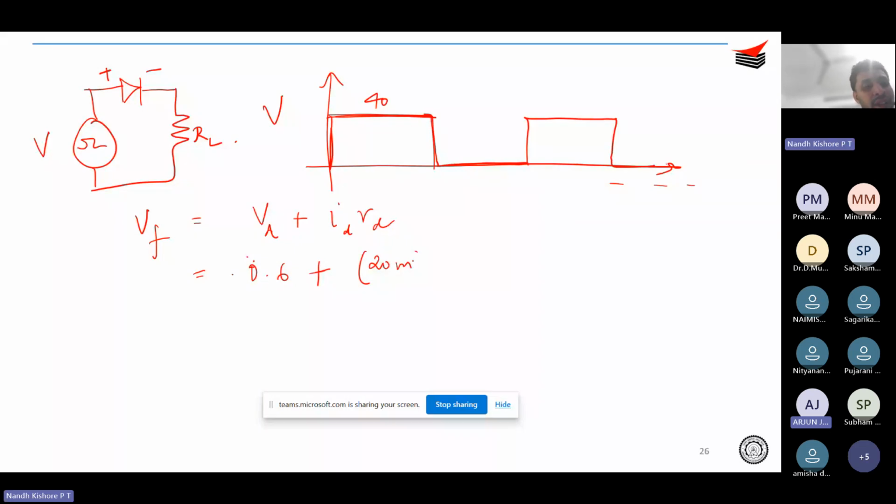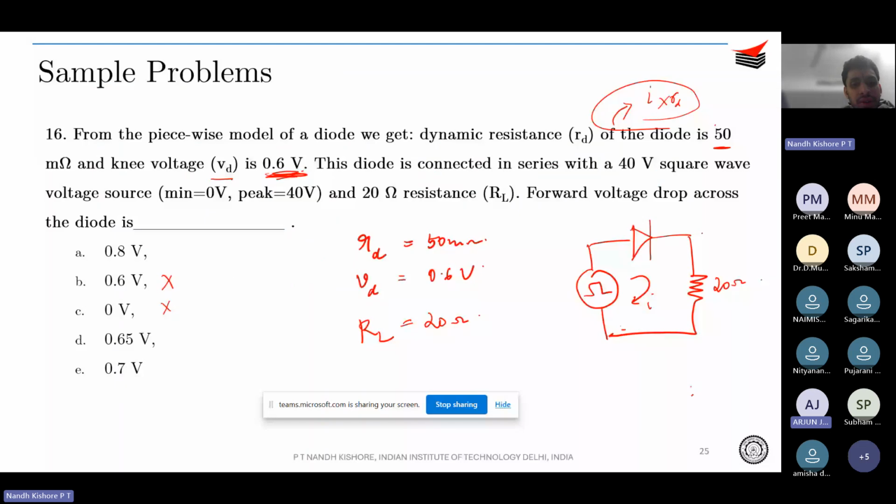First, we need to compute what is ID, right? So what are they telling? This diode is connected in series with a 40 volt square wave voltage source and 20 ohm resistance. Okay. So when the diode gets forward biased, there is going to be a current over here, right? So you need to find out what is this current and substitute that.